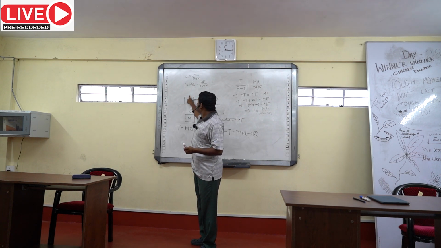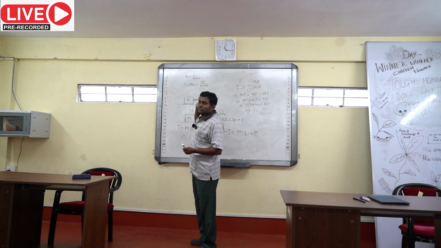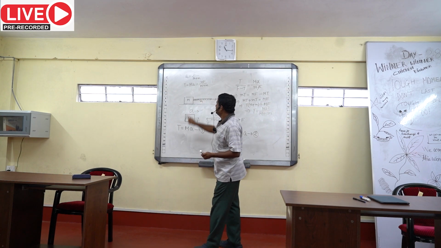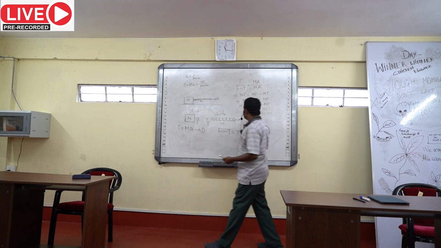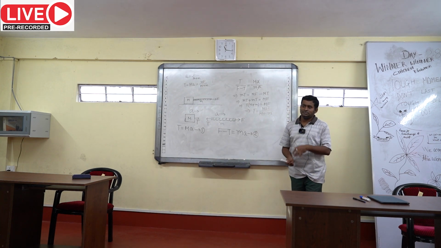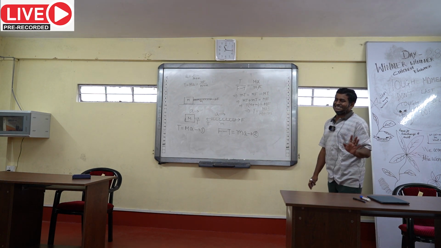The block. So what is the mass of the block? Capital M. Then the force on this will be the mass of the block into the acceleration of the block. Then I just multiply these two to get the answer. A is already calculated here, so multiply it with capital M. It will be MF by M plus m. Same result as before. But you can solve the problem in two lines.